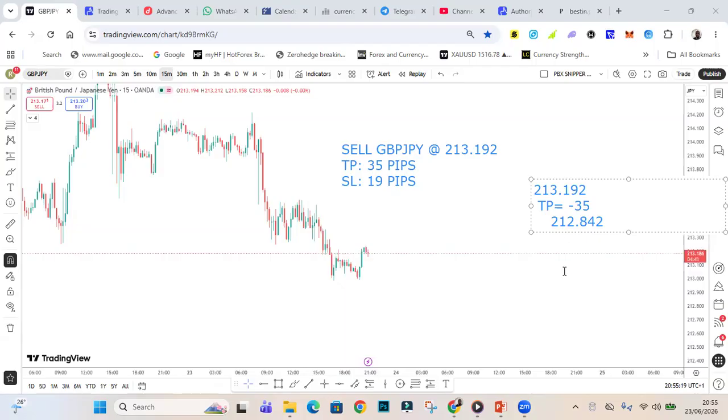Okay, so let's look at the stop loss now. We've done the TP. Now, in the case of stop loss, it's 19 pips. Because we are selling, stop loss will not be subtraction. So stop loss will not be 213.192.